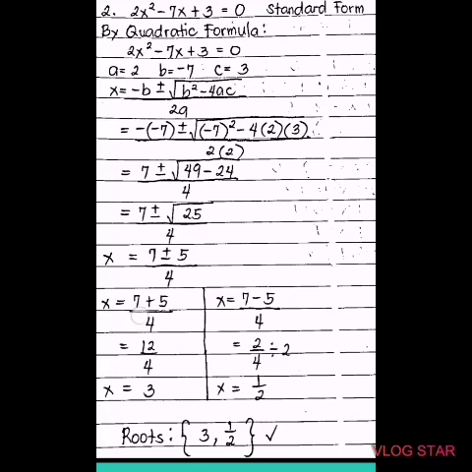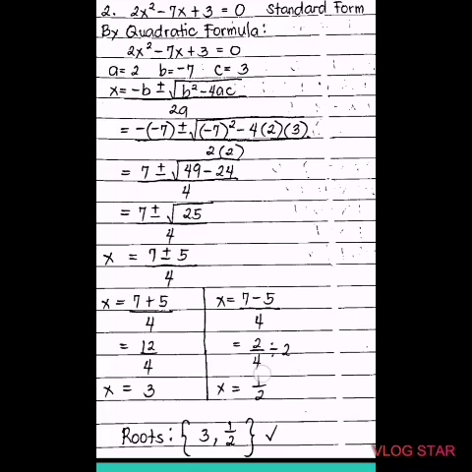So 7 plus 5 all over 4 is 12 over 4. What is 12 over 4? 3. Next, on the other side, we have 7 minus 5. What is 7 minus 5? 2. Over 4.